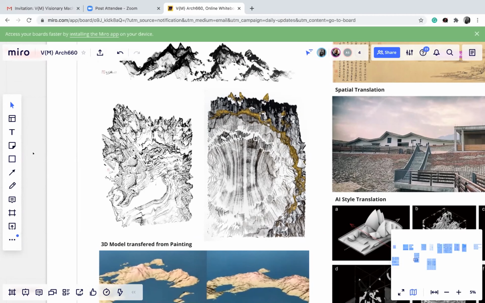So we start to think about whether we can use AI to create a certain image, or even a space, or spatial, or even the city. We think it's a way we imagine to create.